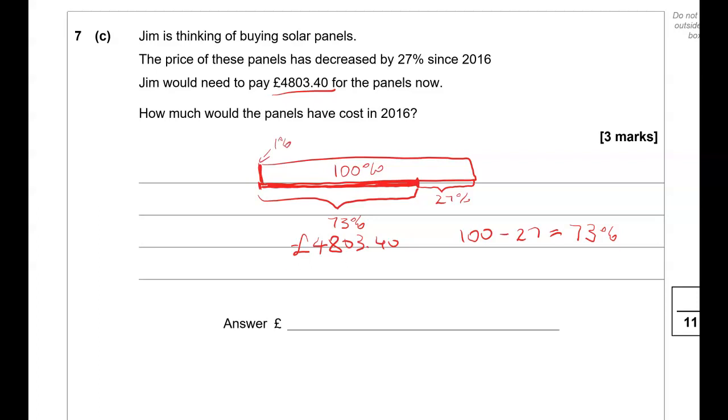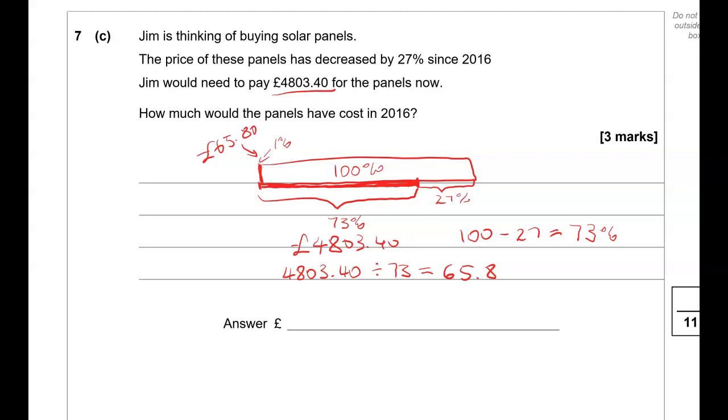So let's do that. And it gives us 65.8. So 65 pounds and 80 pence, that's what 1% is worth.